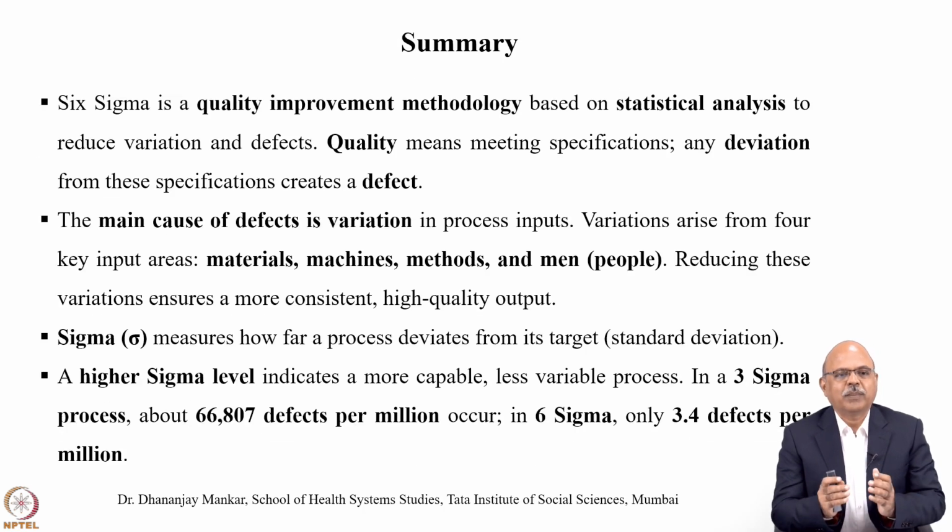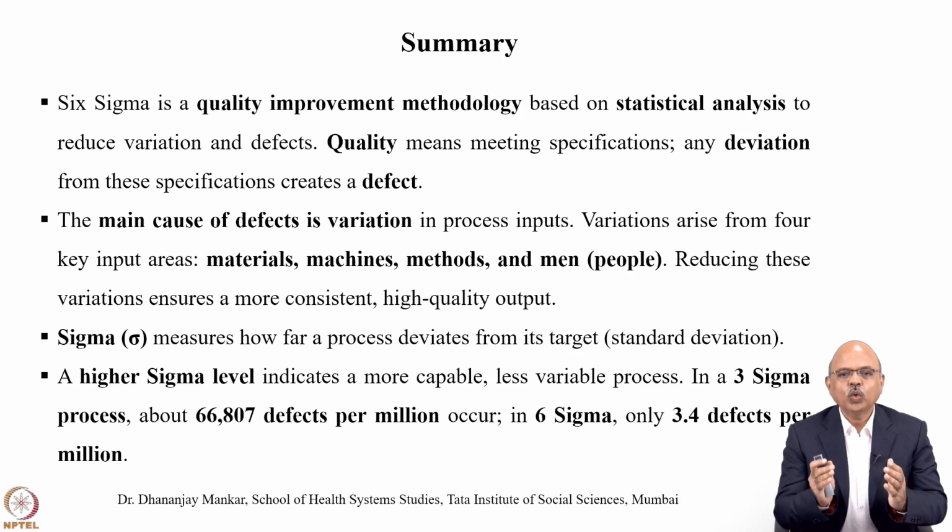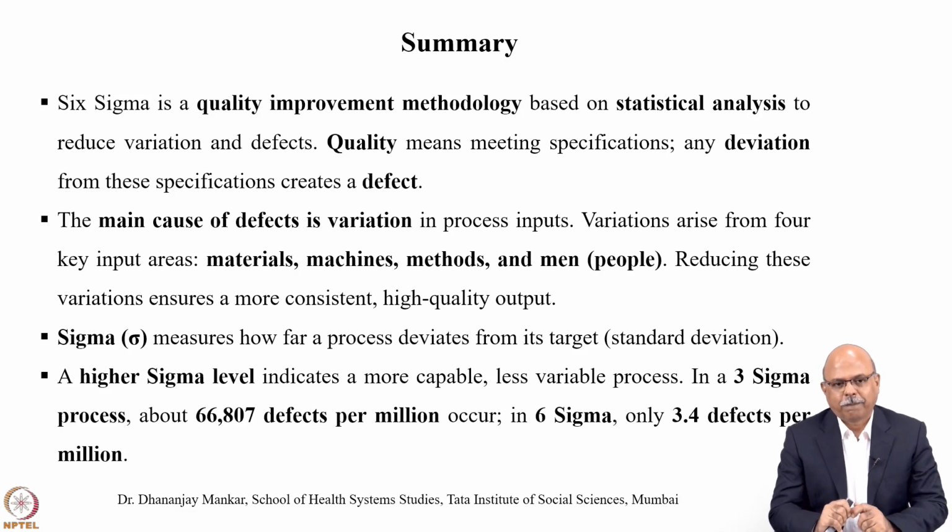So for this chapter on Six Sigma, Six Sigma is a quality improvement methodology. You have to take it not only on the basis of statistical analysis, but you have to see the involvement of Six Sigma as a project, with the efforts of the entire team. No doubt the quality improvement methodology of Six Sigma is based on statistical analysis in the project phase to reduce variation and defects.